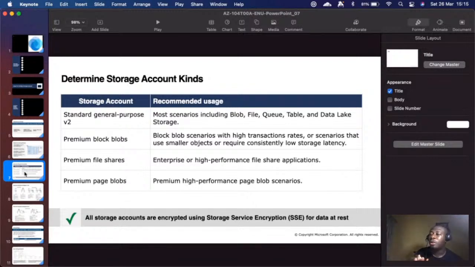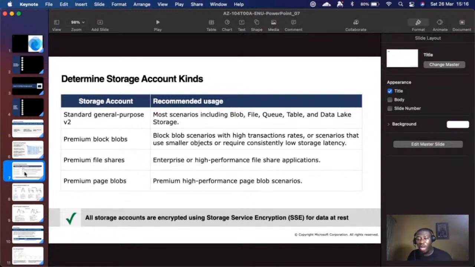to be able to carry out the activities within the organizations. So taking a look at premium block blobs, you can see these are block blob scenarios with high transaction rates. It's not what you use for your regular kind of activity. This is what you use when you need high transaction rates, for scenarios that use smaller objects or require consistently low storage latency.